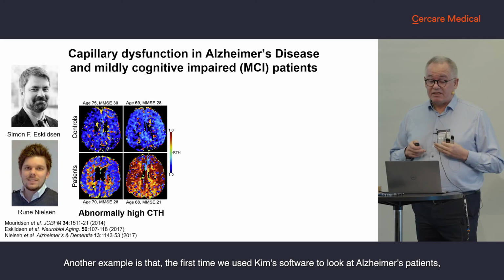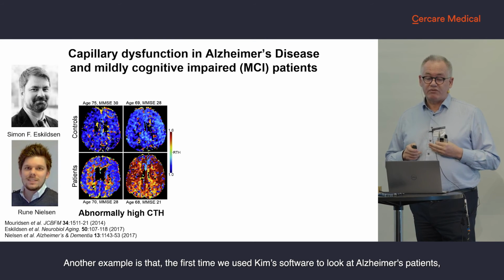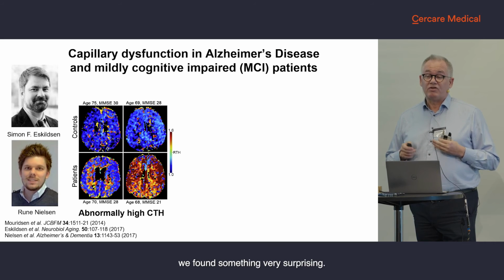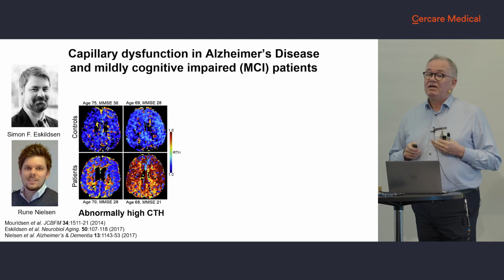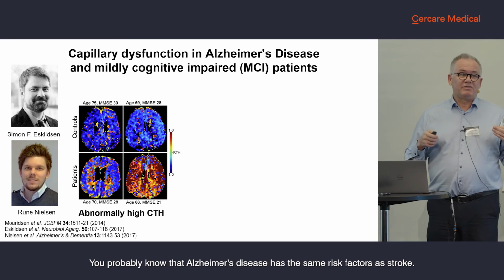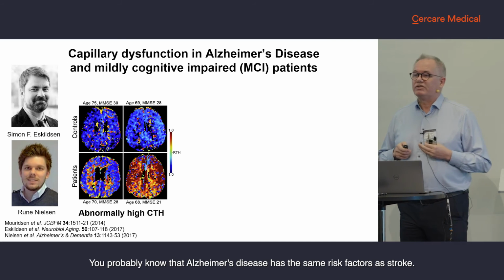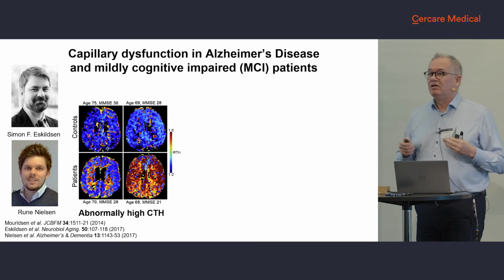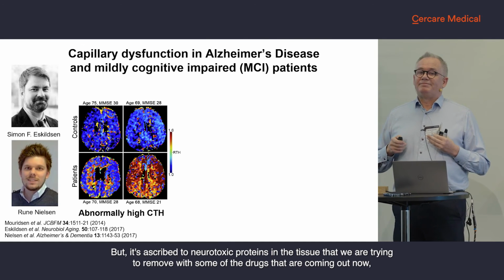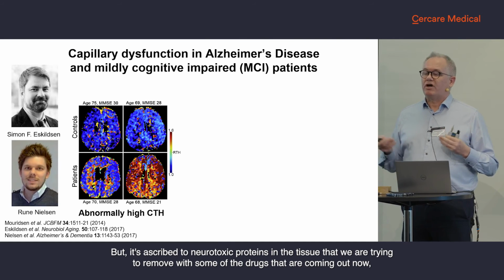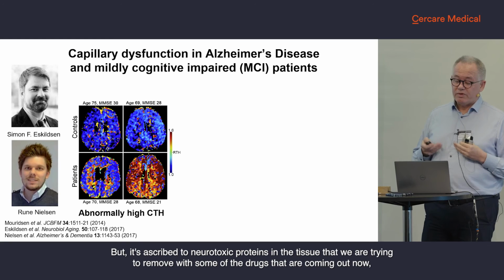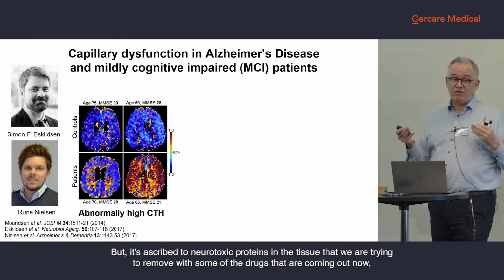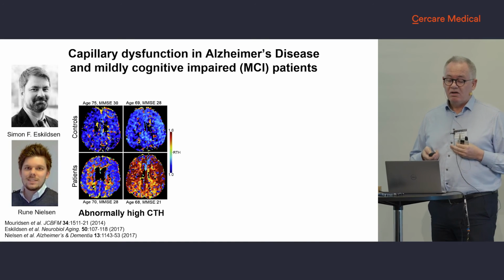Another example is that the first time we used Kim's software to look at Alzheimer's patients, we found something very surprising. You probably know that Alzheimer's disease has the same risk factors as stroke, but it's ascribed to neurotoxic proteins in the tissue that we are trying to remove with some of the drugs that are coming out now.